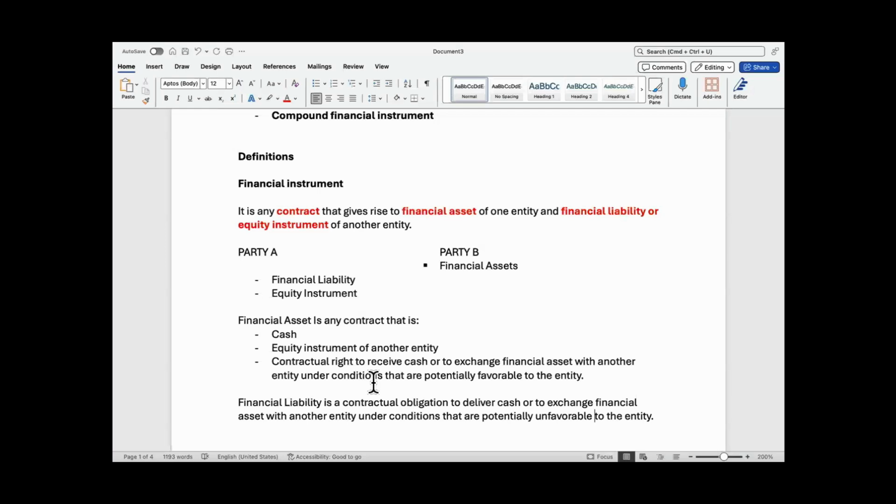But the key thing about financial liability is that it is a contractual obligation to deliver cash. That is what you really need to think and understand very well first for you to be able to identify that this is a financial liability. As soon as you see that there is a contractual obligation to deliver cash, it is a financial liability.